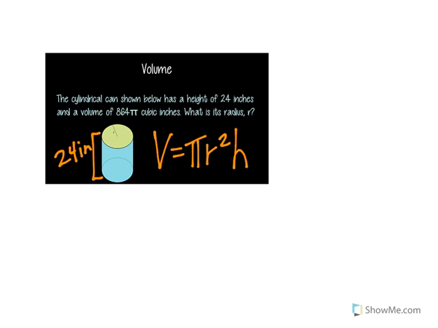So in the equation, we're given the volume, which is 864 pi. We are also given the height, which is 24.